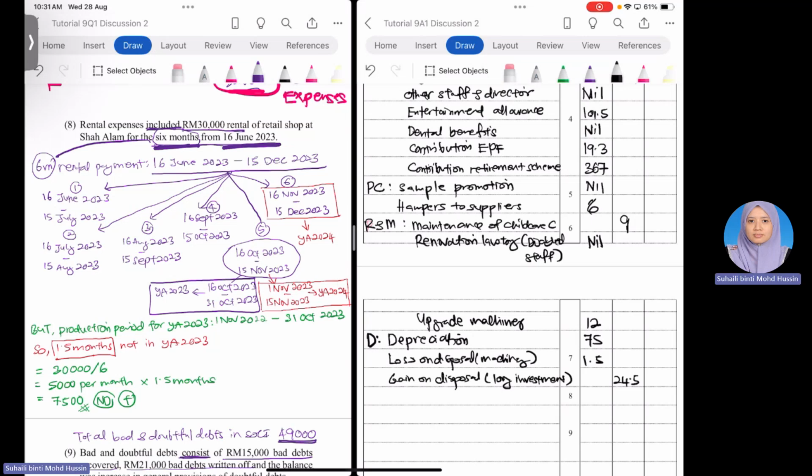Because in the SOCI the total is 30,000 ringgit, but 7,500 ringgit does not belong to the expenses in 2023. So we have to add it back. Okay, number 8, rental.